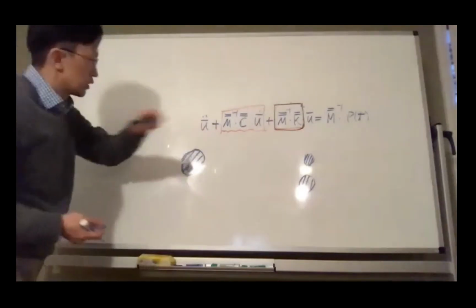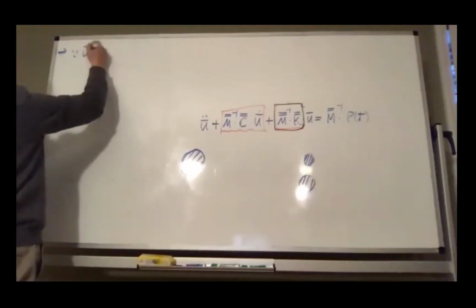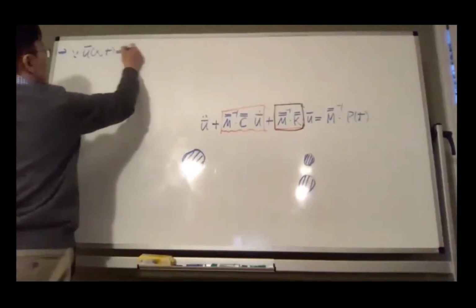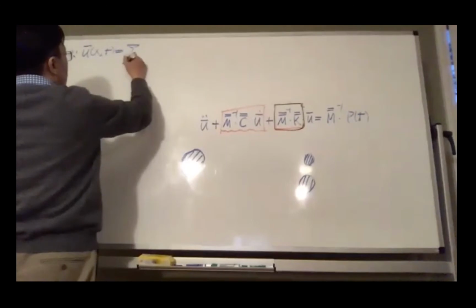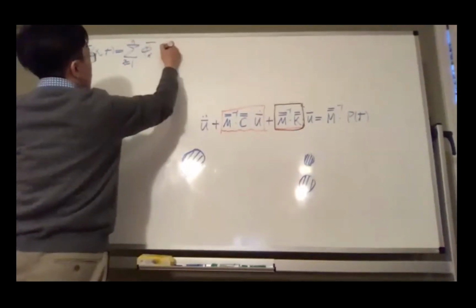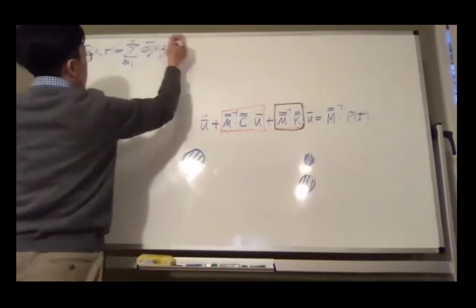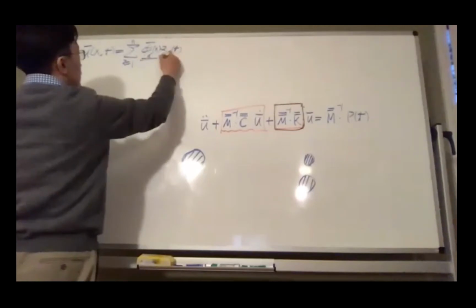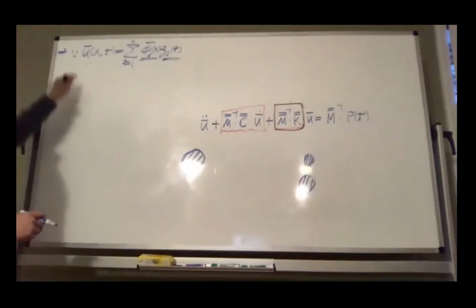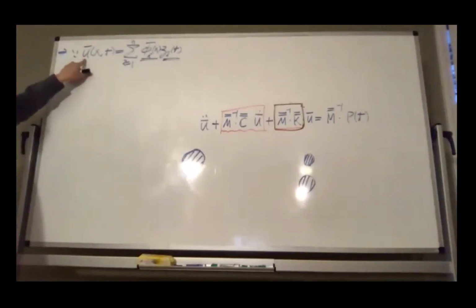So U of x and t, one is for space, the other is for time, equals the summation of i equals 1 to n of phi_i times z_i(t). One is space and the other is time, space-time, like the one I gave you before.